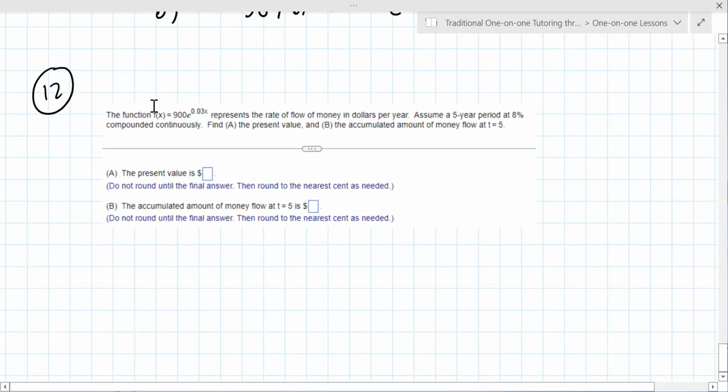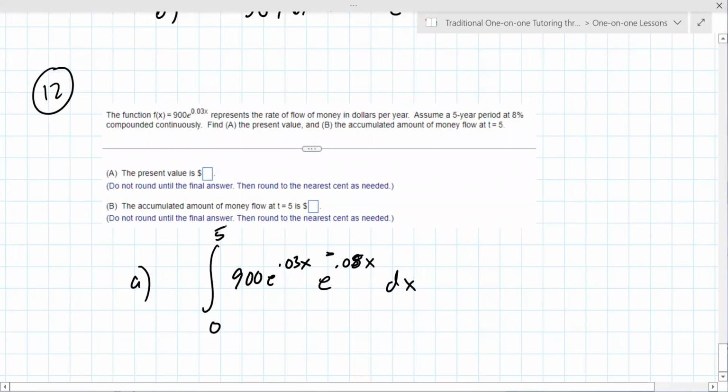So the present value A of this is the integral of 900 e to the 0.03x times e to the minus 0.08 x, because that's what it's growing at, dx, integrating from 0 to 5.